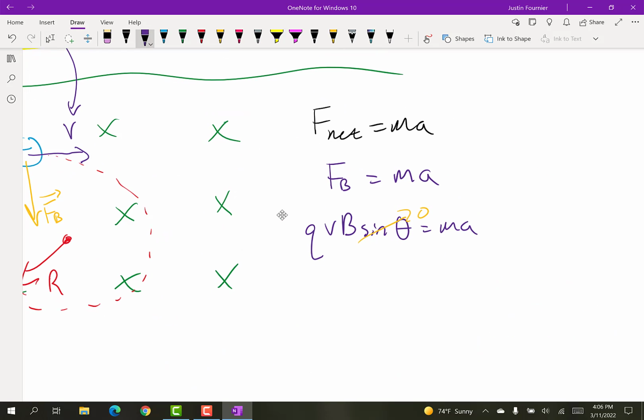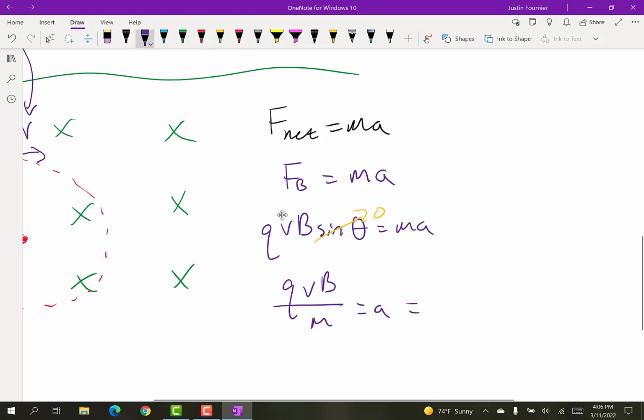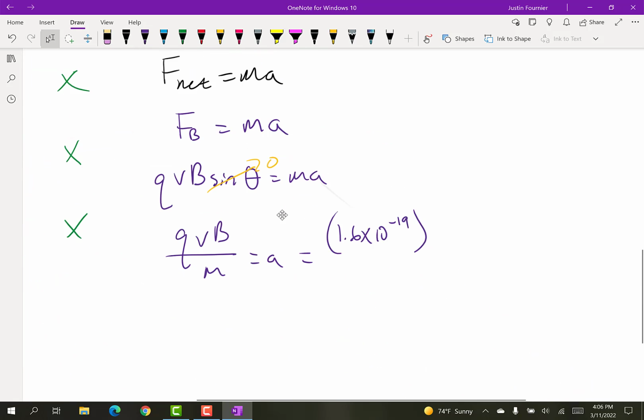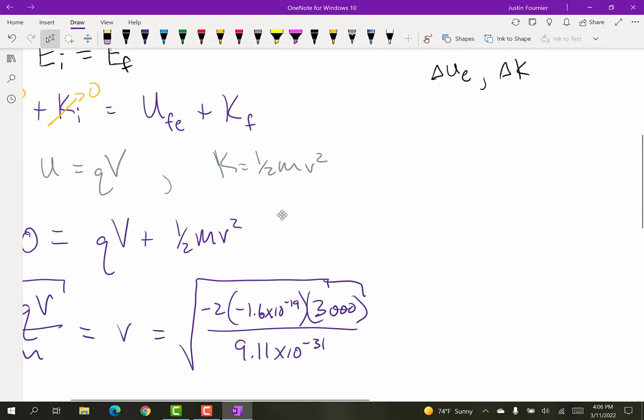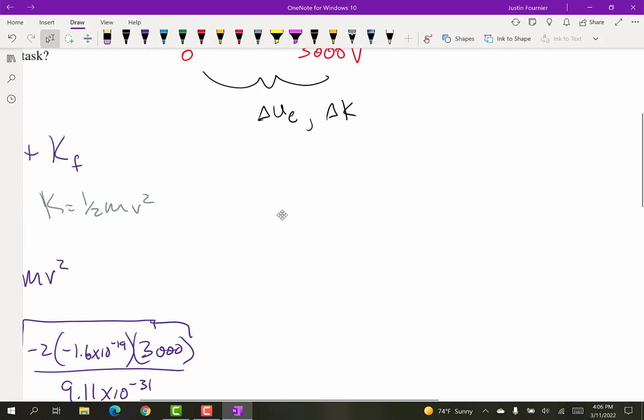So I'm going to divide both sides by the mass of the electron. I think I'll be able to solve this. Let's see. So charge of an electron is 1.6 times 10 to the negative 19 coulombs. The velocity I got was 3.25 times 10 to the 7. Magnetic field, they better have given me that, 0.65 Tesla.